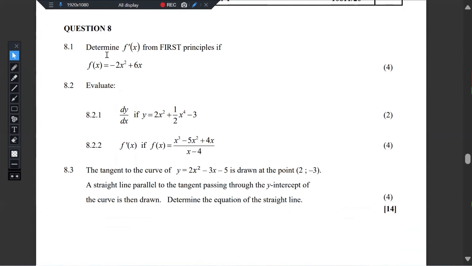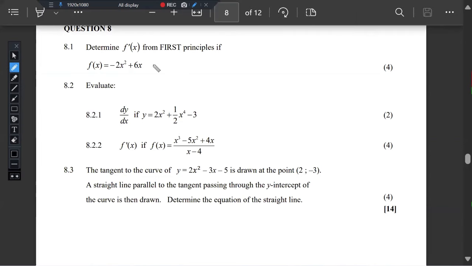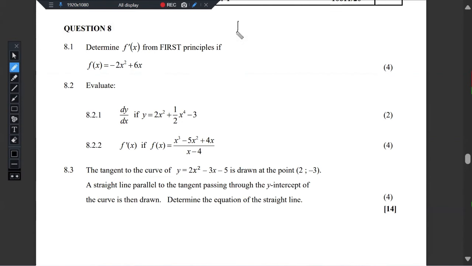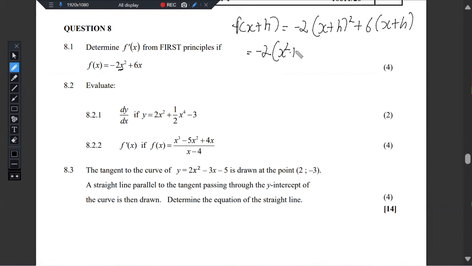It says determine f prime x from first principle. Oh, I actually don't like this question. Now to determine this from first principle, we know that we first have to get the expression for f of x plus h, whereby where there is x, now I have to replace by x plus h. Then that's negative 2 times (x plus h) squared, plus 6 times (x plus h), right? Then obviously you have to do your maths there. Negative 2, this becomes x squared plus 2xh plus h squared.